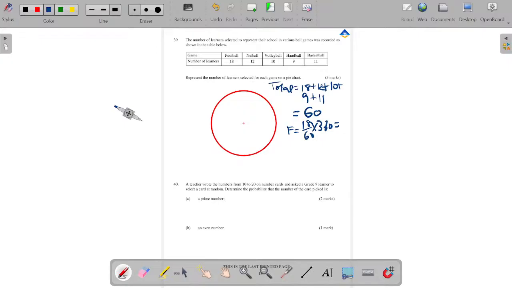That is 108. This gives me 108 degrees, that's for football. Then I'll have 12 out of 60 times 360, that is 72 degrees.